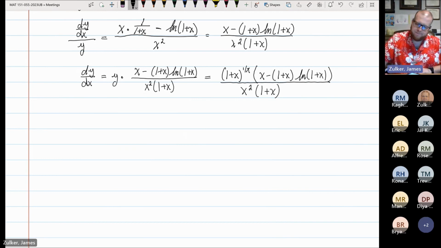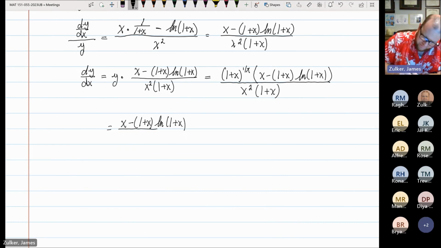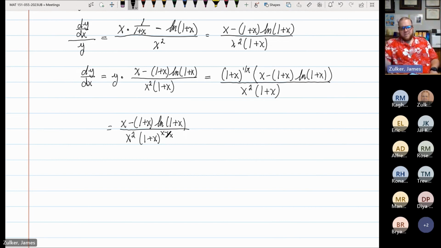And this could be simplified. Okay, so we can write this as the denominator having the 1 plus x raised to the x minus 1, all over x, using properties of exponents. And that's dy dx.